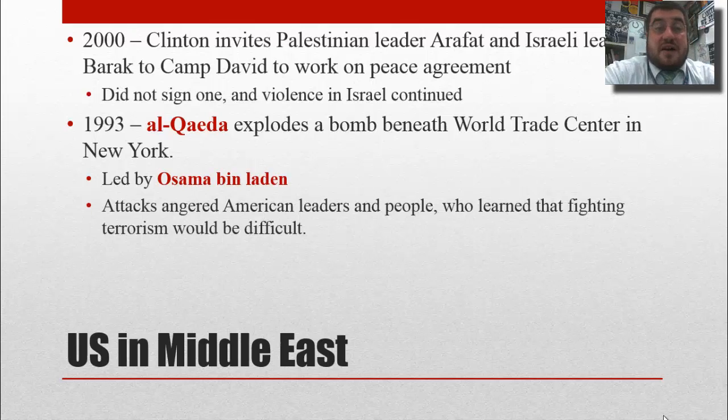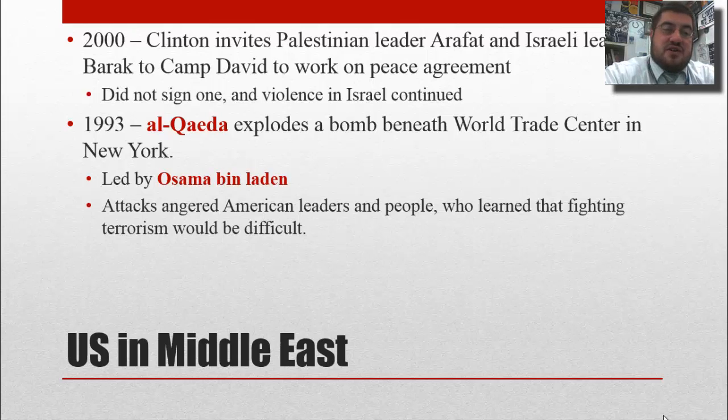And then, as we've been learning about in class, Al-Qaeda in 1993 hatches a plot to explode a bomb beneath the World Trade Center in New York. And Al-Qaeda is led by Osama bin Laden. It's a terrorist group. The attack angers American leaders and people, who learned that terrorism is going to be something that we need to face head on after that.